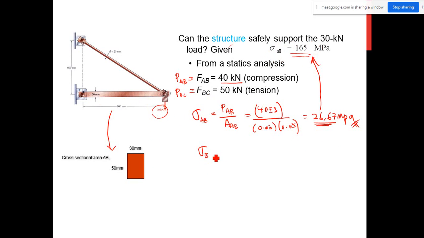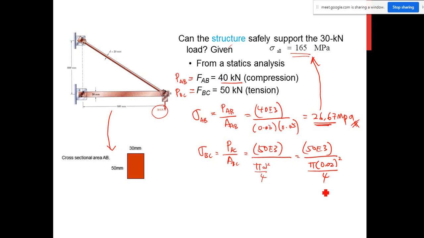So sigma BC is equal to PBC over ABC, where PBC is 50 exponent 3 in Newton, divided by the area. The area for BC is equal to pi d square over 4, which gives 50 exponent 3 divided by pi times diameter 0.02 over 2 divided by 4.